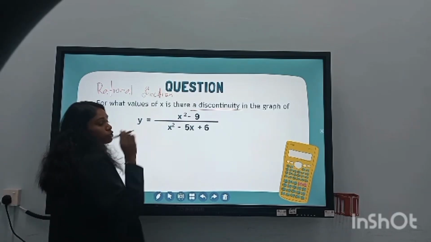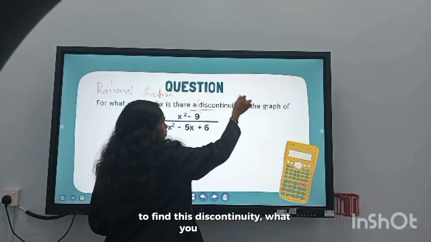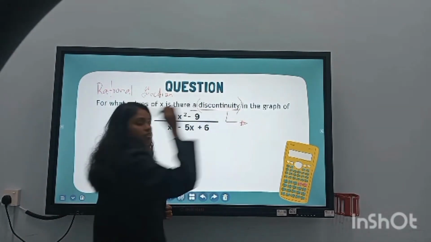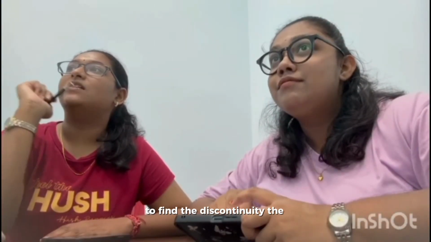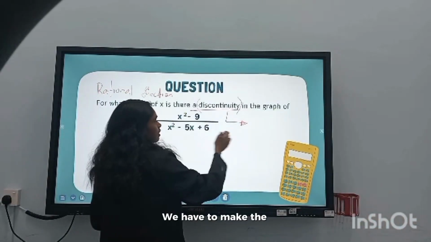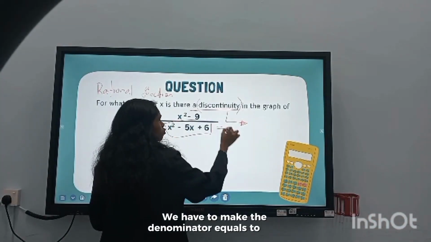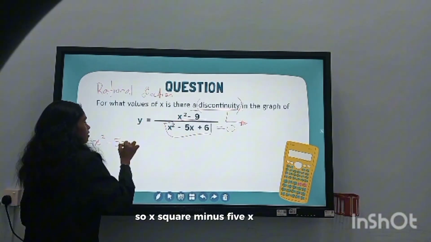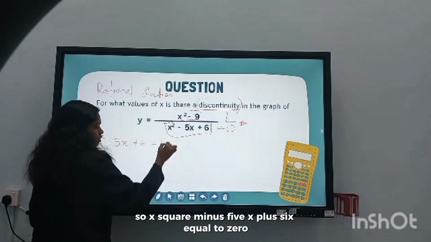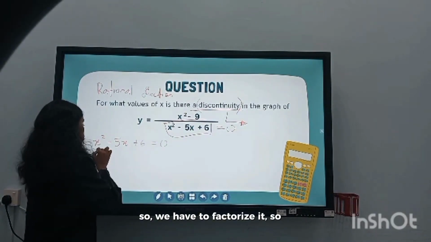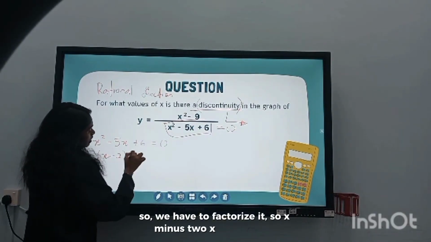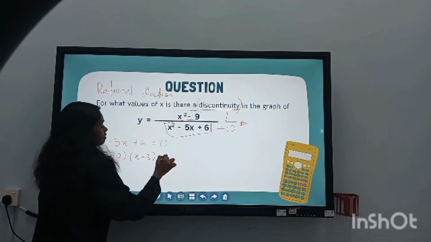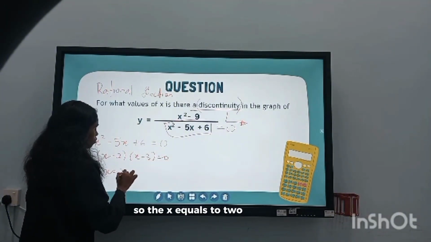To find the discontinuity, the denominator should be equal to 0. Yes, we have to make the denominator equal to 0. So x squared minus 5x plus 6 equals 0. So we have to factorize it. So (x minus 2)(x minus 3). So x equals 2 or 3.